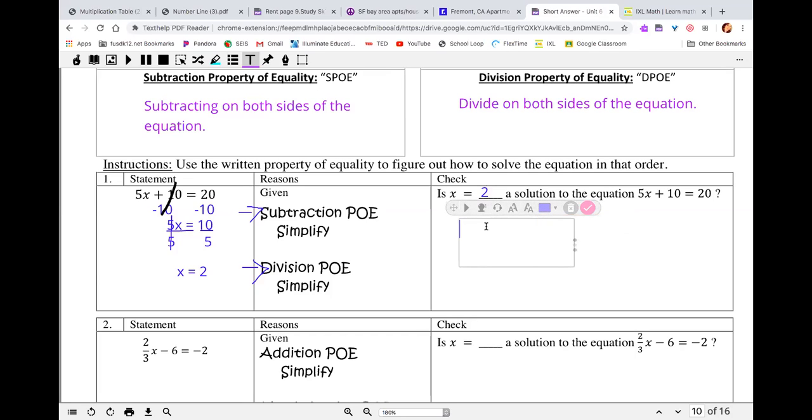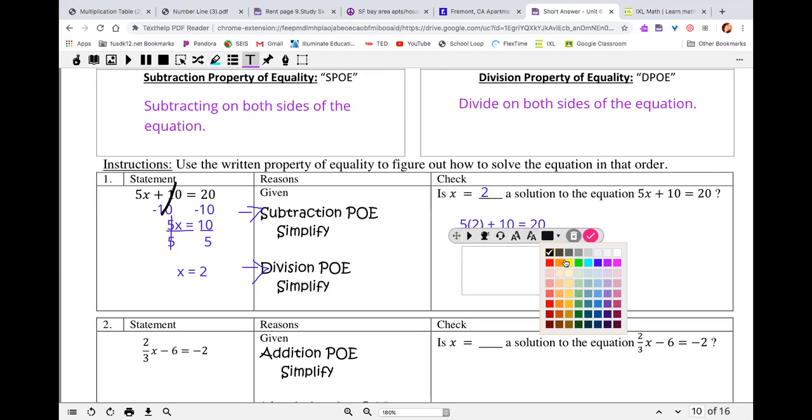Rewrite it. Yeah, I'm rewriting it. Okay, so 5 times 2 plus 10 equals 20. And we simplify. So am I doing the adding first or the timesing? Times. Okay. 5 times 2 is 10. Cool. So 10 plus 10 equals 20, right?